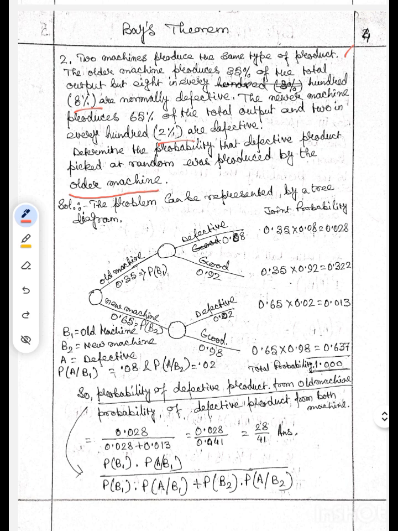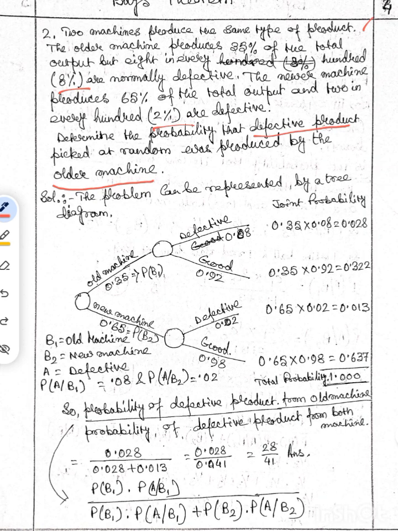Determine the probability that a defective product picked at random was produced by the older machine. So we have to calculate the defective product from the older machine. But we have to clear what the outcomes are. It is cleared by a tree diagram. Suppose 35%, that means the probability of a product coming from the old machine is 0.35, that is considered as PB1.